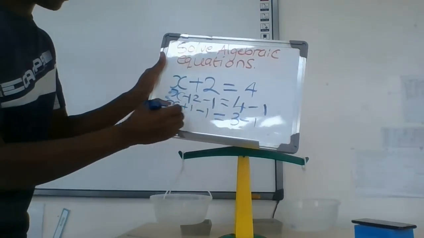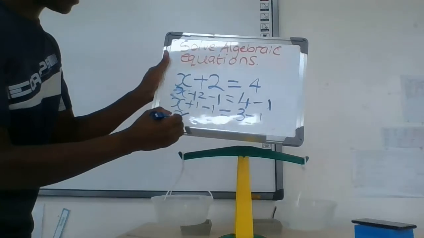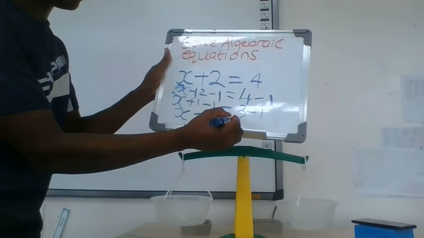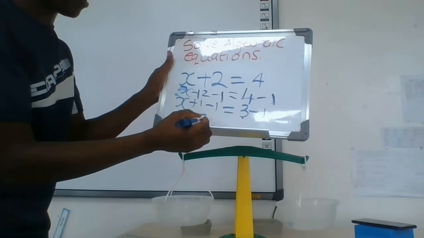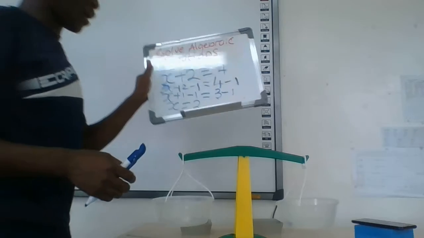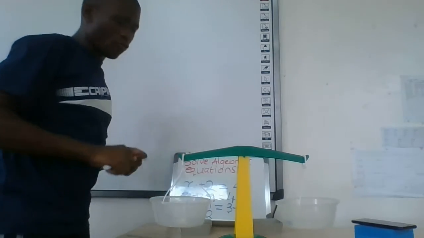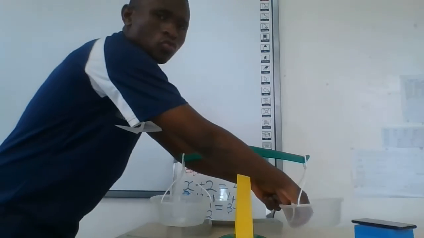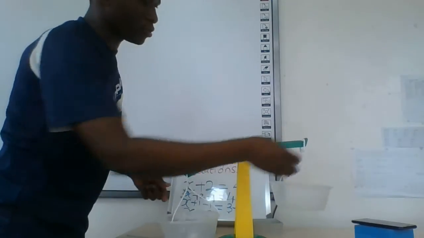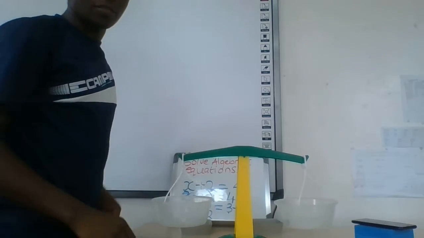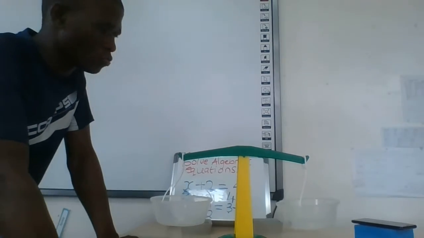So 1 minus 1, you remain with x is equal to 3 minus 1 is equal to 2. So we find out that the value of x is equal to 2 marbles. So you can say x is equal to 2.